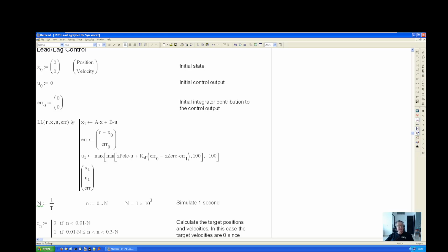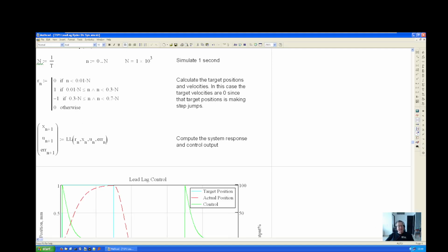So the first thing I do is I take the control output and multiply it by the input coupling matrix, and I have the state. I multiply it by the discrete transition matrix, and I get a new state. And then this is the error. This is how you implement the lead lag filter in discrete format. And then I have to return the new state, the new control output, and the new error.